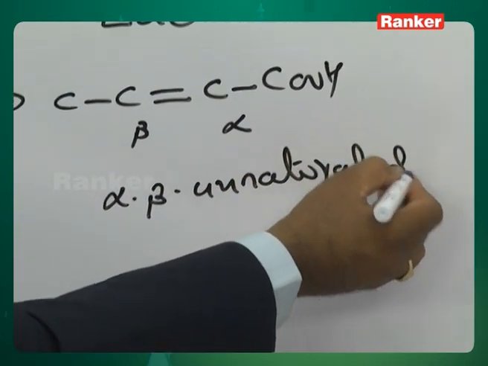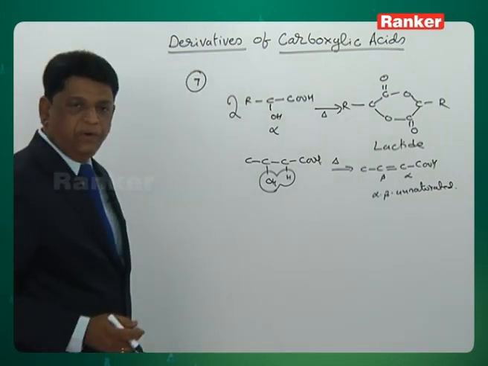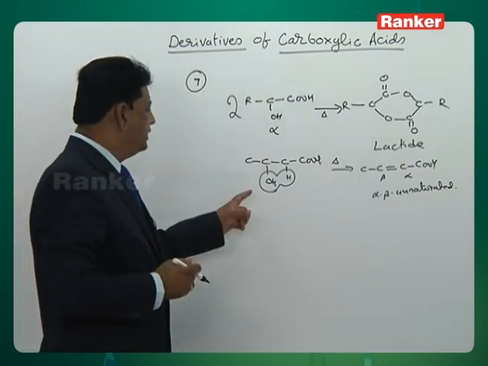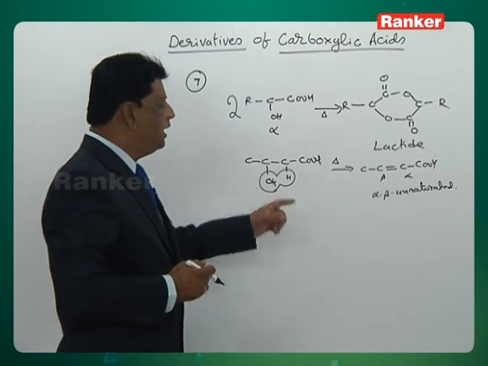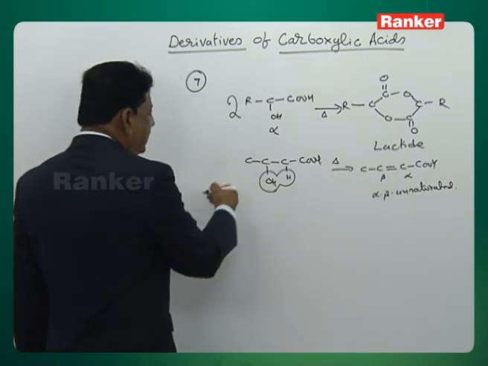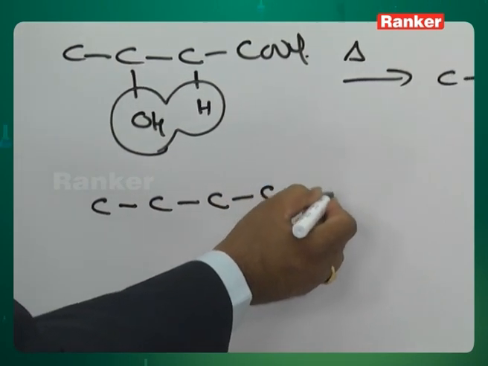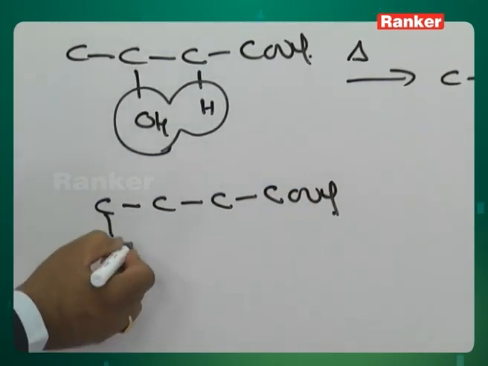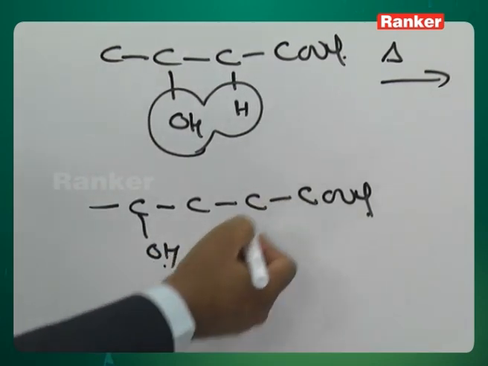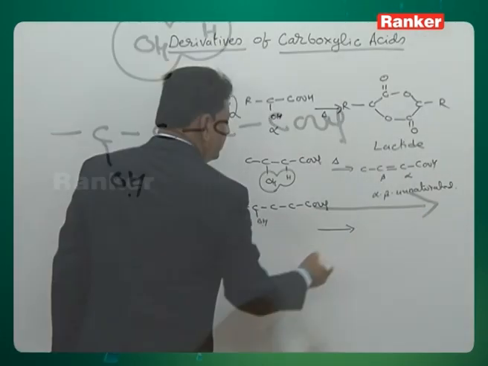So this is the question asked actually: which one of the following acids will give an alpha beta unsaturated acid? A beta hydroxy acid will give it. If the OH is beyond the beta, meaning it can be gamma, delta and so on, then this OH and COOH react with each other within the compound.